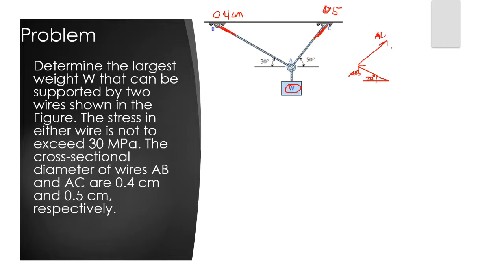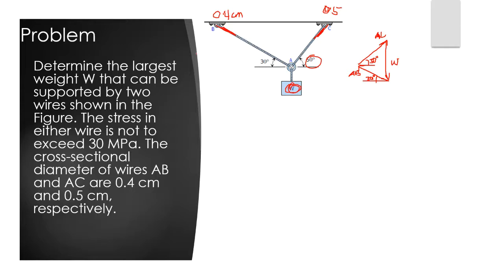And the weight that we are looking for is from here. So we are looking for the weight. And if you notice again, the angle for this one is 50 degrees from here. So now we are looking again for the W, or the safest value for the weight, so that it can be supported by the wires B and C.